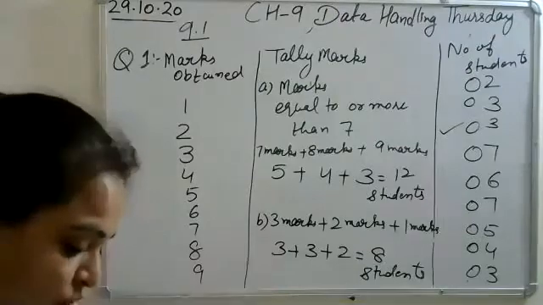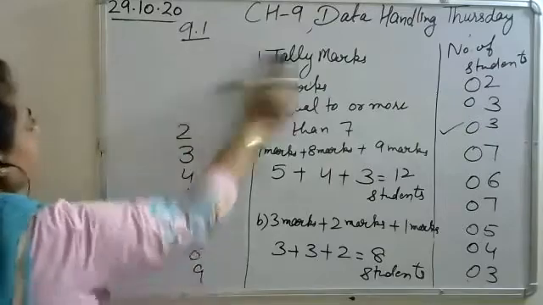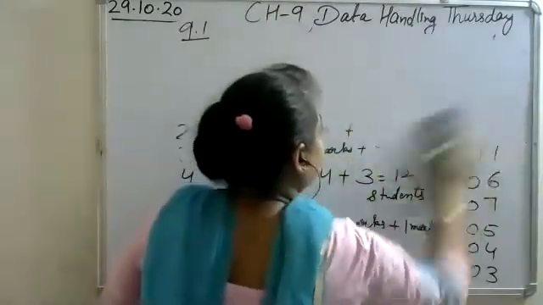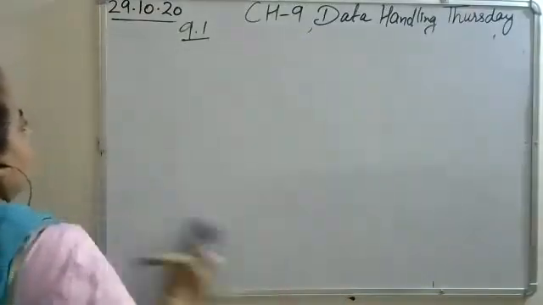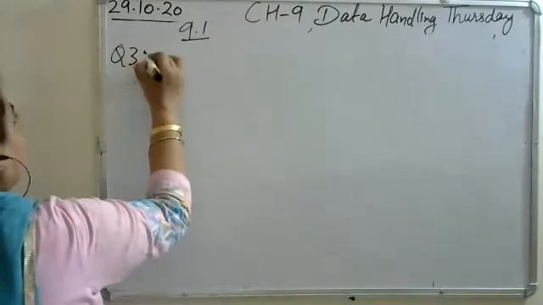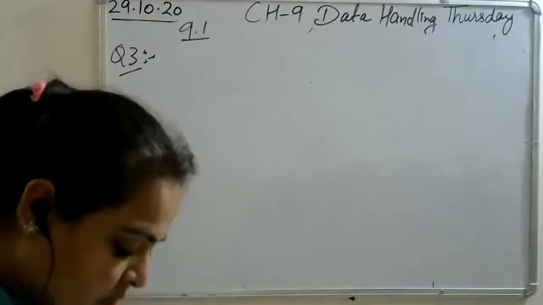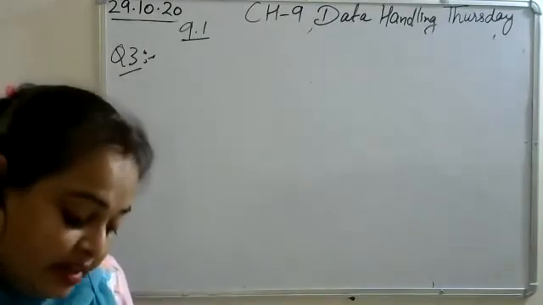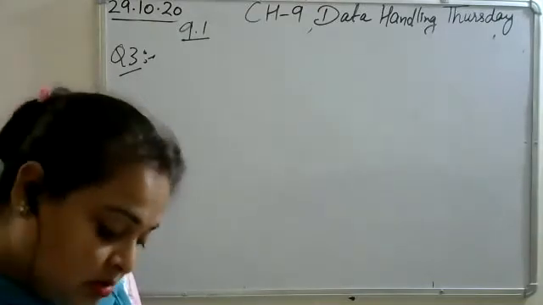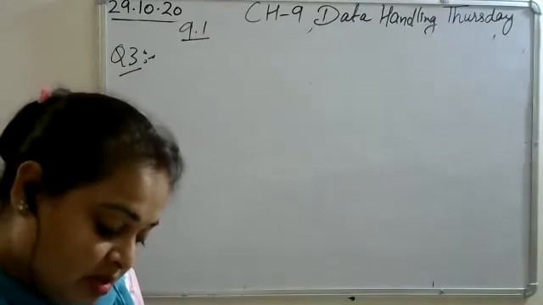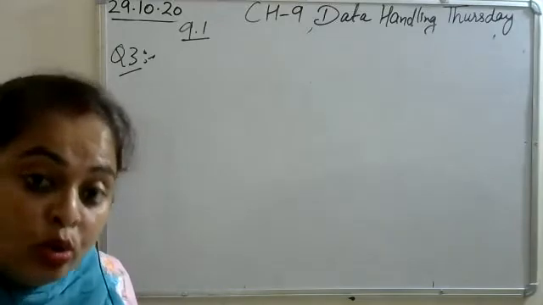Let's start with question number 3. Catherine threw a dice 40 times. Now this question is based on dice. 40 times and noted the number appearing each time as shown below.